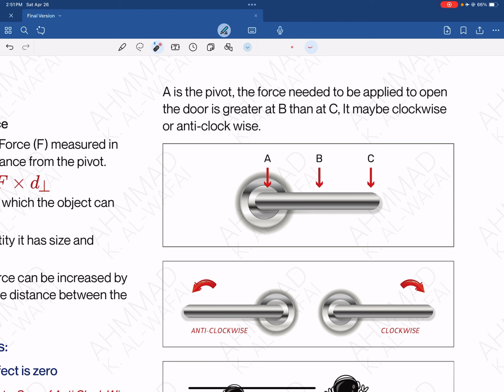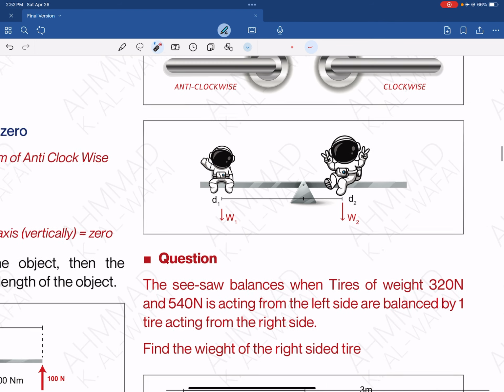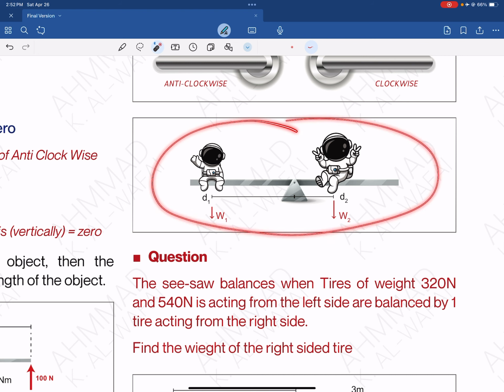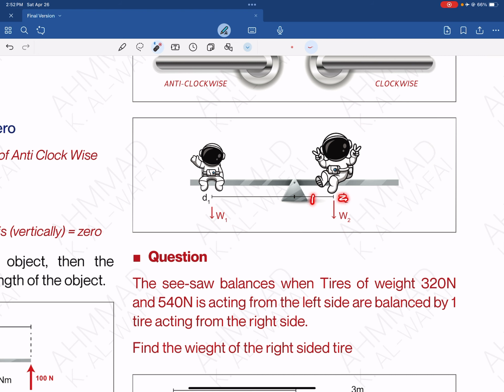Using a force with a distance can cause a turning effect, but you have to choose the distance wisely and choose the force wisely as well. If you increase the force and you increase the distance, you directly increase the turning effect. It depends on the situation, basically. Now let's see how it's applied in this case. This is distance 2 here and this is distance 1.